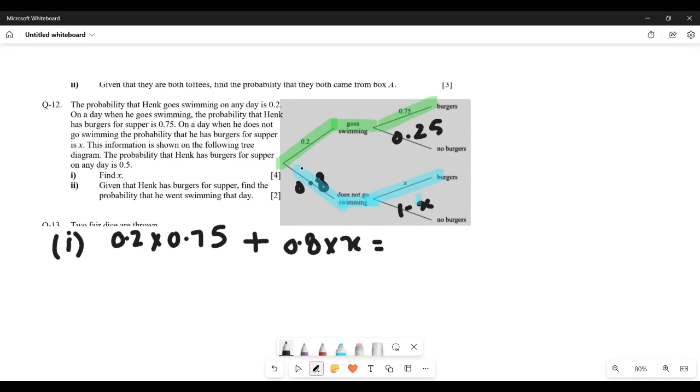It is 0.5. And you have to find X from here. This you will do on your own and you'll see that X comes out to be 0.4375.